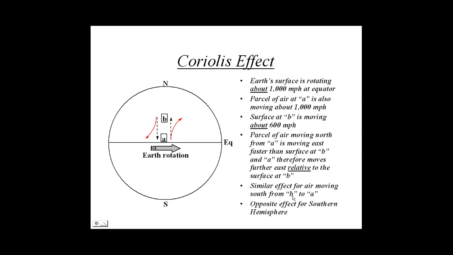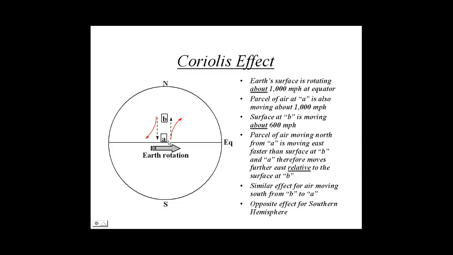So here's a diagram of Coriolis effect and how it actually works. And this really gets down to your frame of reference that you're observing the wind from. Now, if you look at this diagram of the Earth, here's North Pole, South Pole, here's the equator across the middle. The equator is moving to the right.